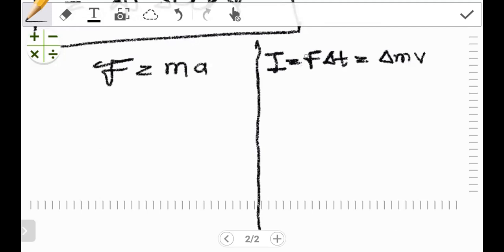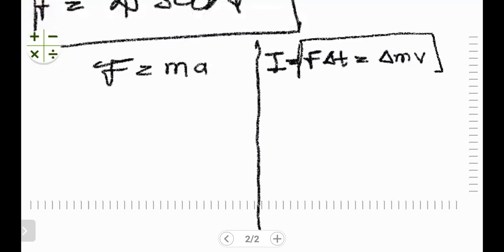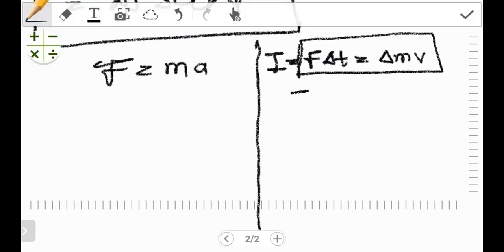Okay, now we're going to use this part. So force is equivalent to the change in momentum over the change in time. Now, both formulas are going to work. They can give us the same answer. Just up to you which one you prefer.